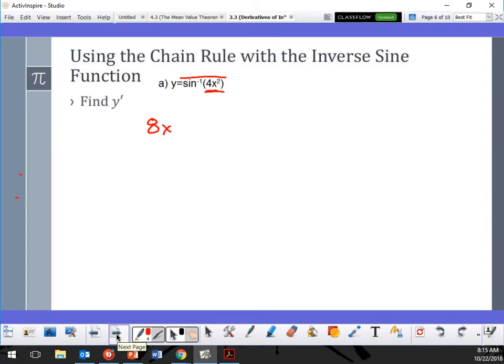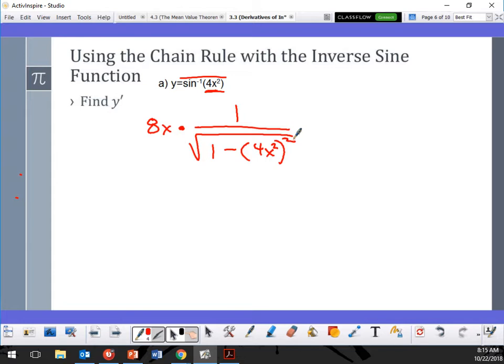I'm not changing this. So this is going to be times the derivative of the outside, 1 over the square root of 1 minus, nope, 4x squared, squared. So I'm writing it all out. I won't skip steps on this. It's the x squared, but in this case, my x is all that, right?